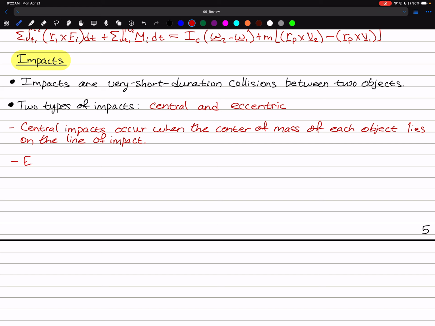And then an eccentric impact occurs simply when the centers of mass do not lie on the line of impact.